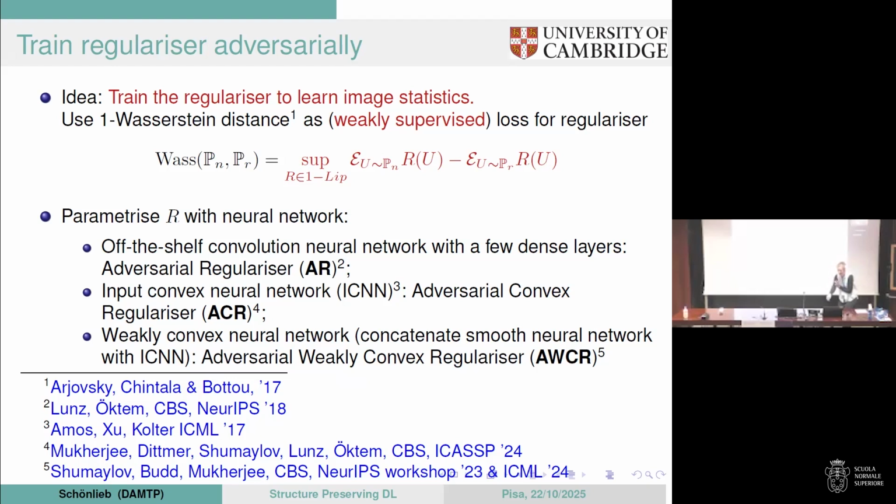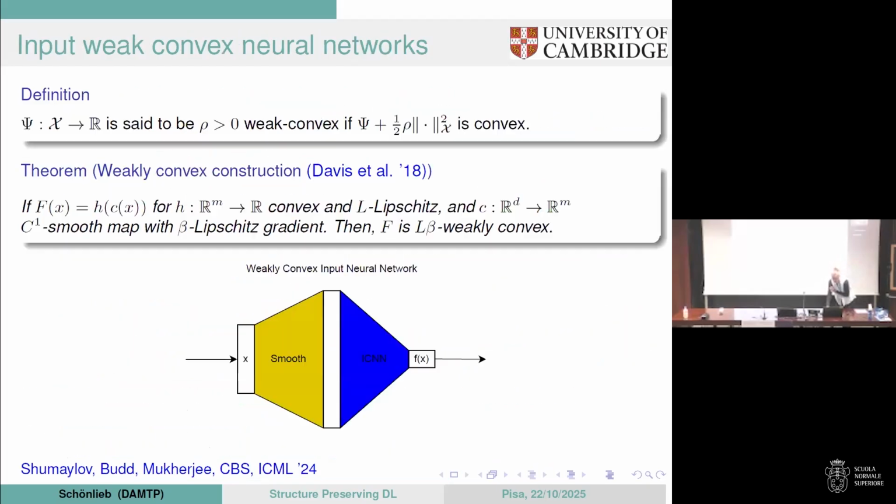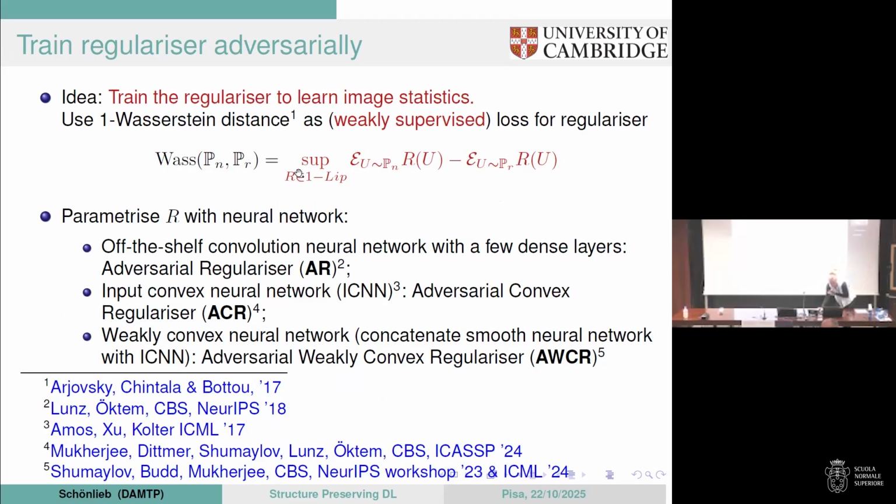So you take this one-Lipschitz constraint and you add, on a linear combination between those two distributions, an L-infinity penalty on the gradient of R. This is how you solve this computationally.